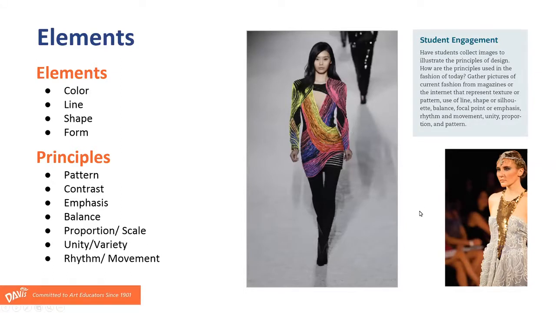So whatever outlet you would like for them to create a lookbook or gather this information, this can be a great tool to have students begin to hone in on their observational research abilities, and then this helps them to apply it to the design elements and principles. So next slide, please.